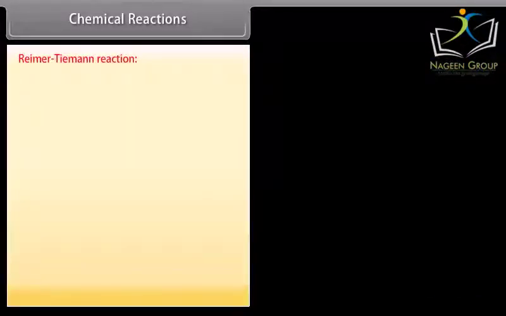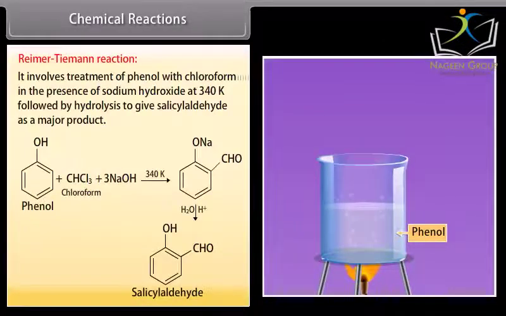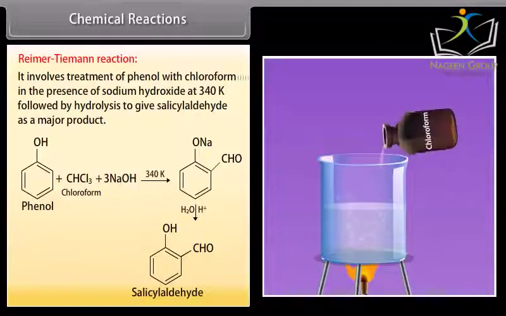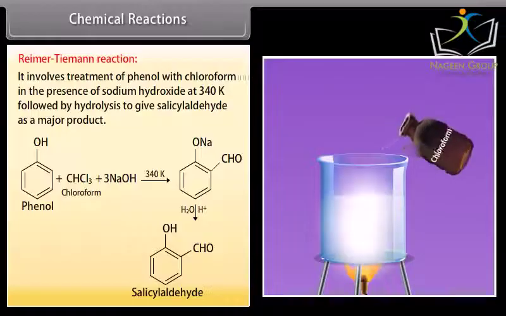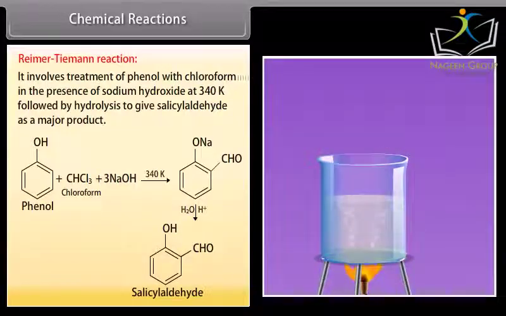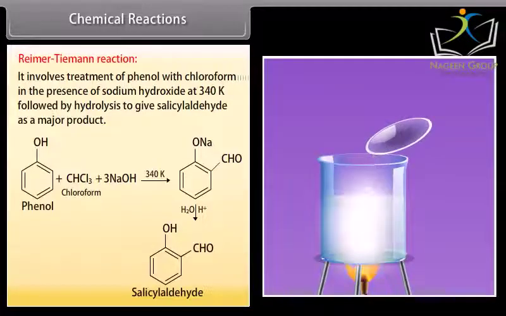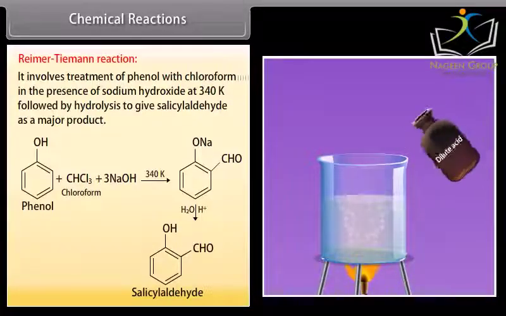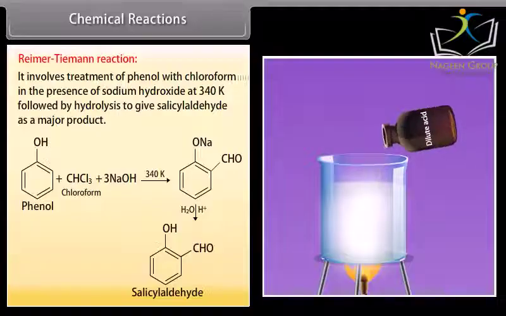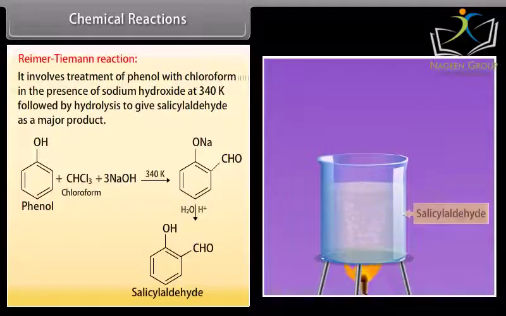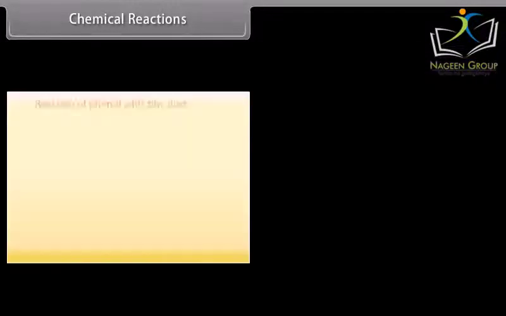Reimer-Tiemann reaction. It involves treatment of phenol with chloroform in the presence of sodium hydroxide at 340 Kelvin followed by hydrolysis to give salicylaldehyde as a major product. Reaction of phenol with zinc dust.